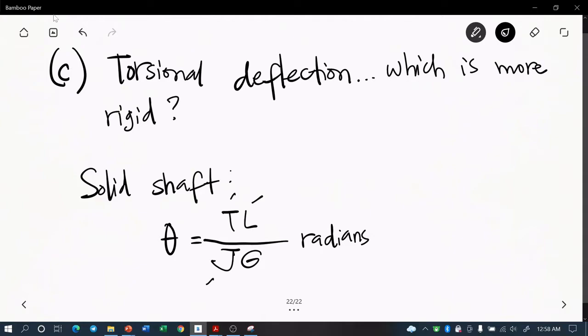So for iron, it has a corresponding modulus of rigidity, and for steel, it also has its corresponding G. Okay, so we'll assign the torsional deflection for a solid shaft as phi sub s is equal to TL over JG.